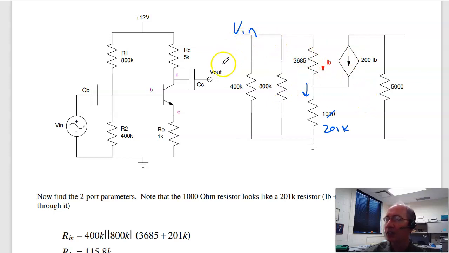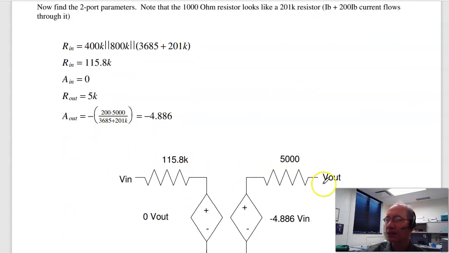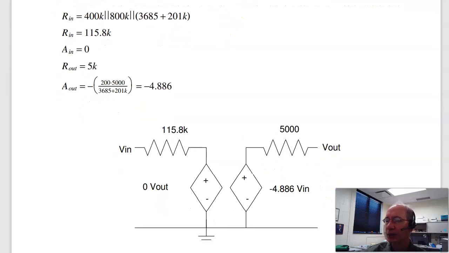Output resistance, if I short the input, IB is 0, I just get 5K. The gain then, if I make this 1 volt, IB is 1 volt divided by 3685 plus 201K, times 200 times 5,000, giving you minus 4.86. So there's your two-port model.